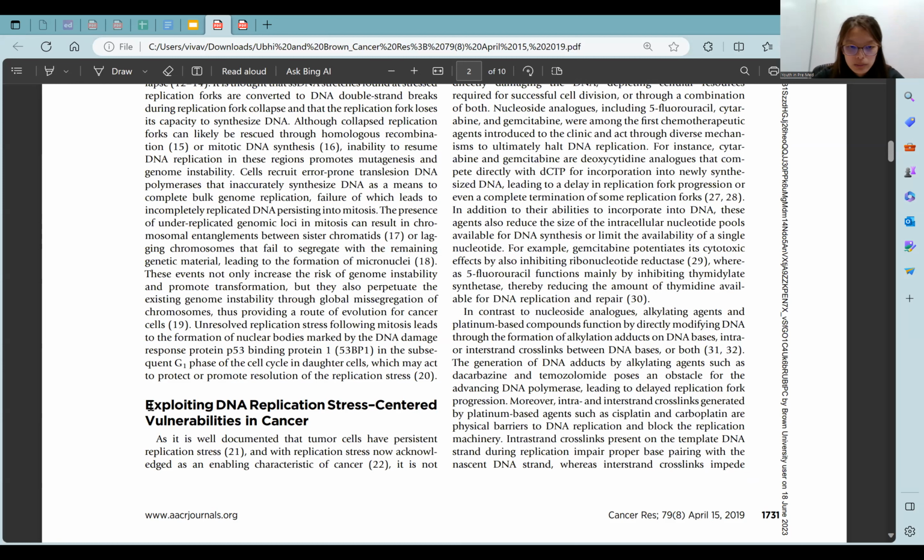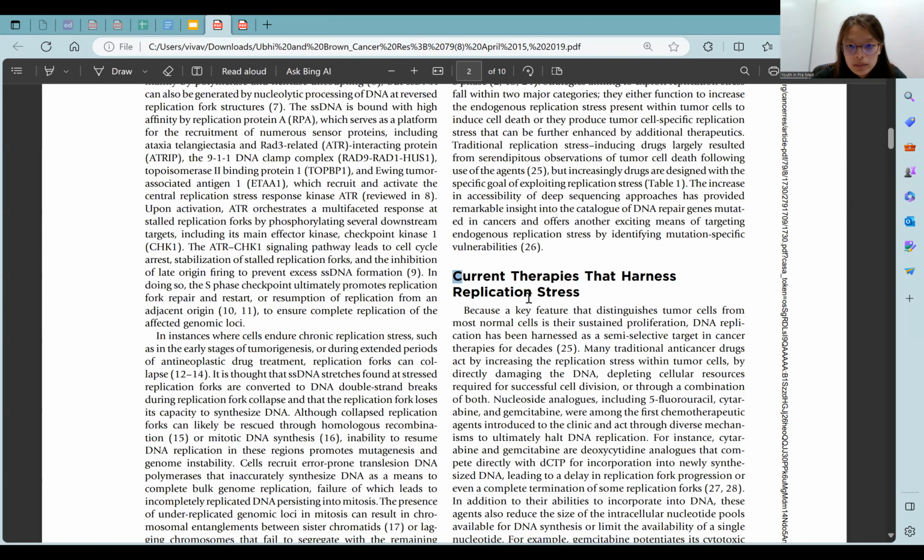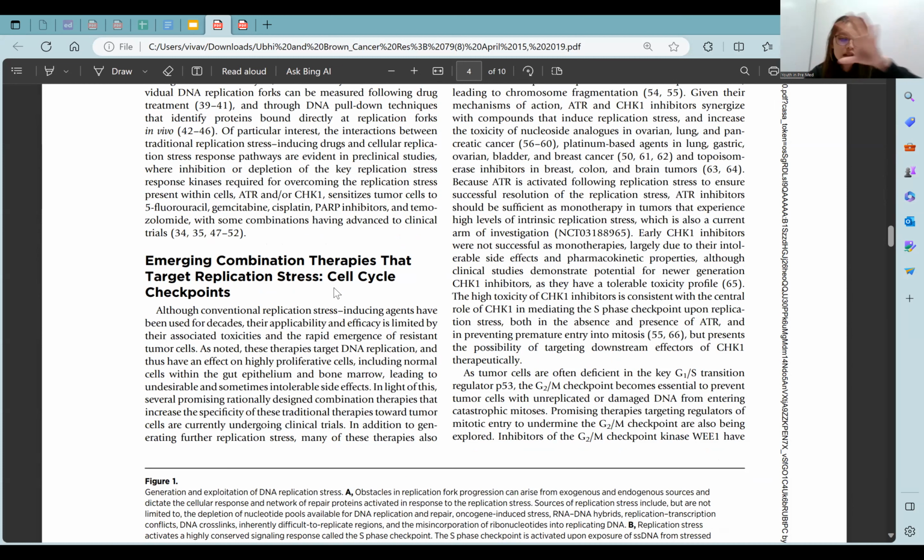It talks about DNA replication stress and how you can exploit it to treat cancer. Then it talks about the current therapies that use this replication stress. The next section talks about new therapies that are used in combination to target replication stress and different checkpoints of the cell cycle.